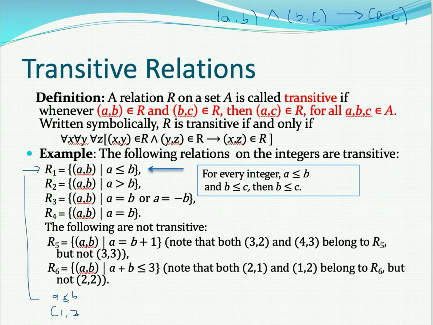This is for our AB. And then our BC, so this is our A, our B, and our BC starts with 2. This is our B. This is our C.